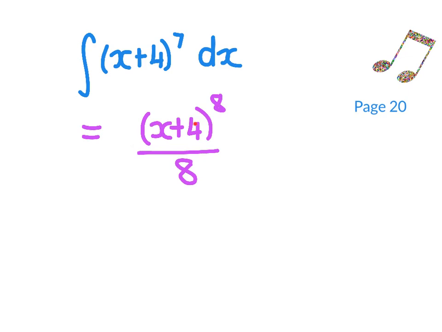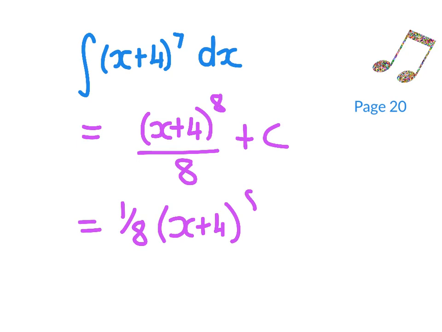If I differentiate 4, I get nothing. So the derivative of this is 1. I'm dividing by 1. Do you know what? I don't need to write that because dividing by 1 is just itself. So I'm going to leave the 1 out, but I am going to remember my plus c. Now remember that this answer is fine, but I can also write that as 1/8 of x plus 4 to the power of 8.